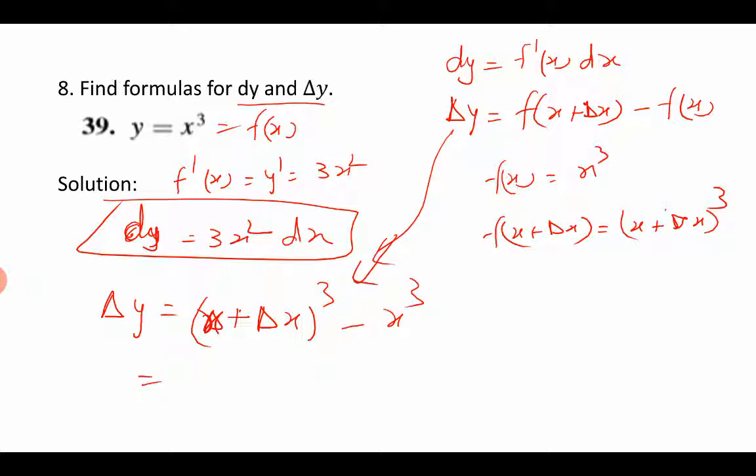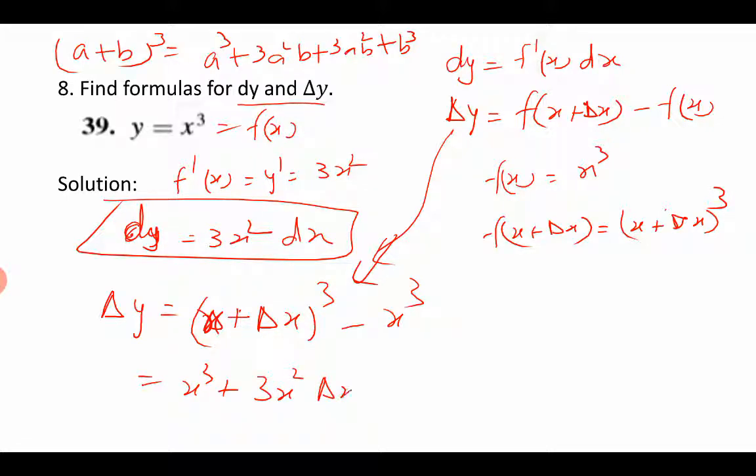Use the a plus b whole cube formula. What is it? A plus b whole cube is a cubed plus 3a square b plus 3ab square plus b cube. Simplify this one. X cube plus 3x square del x plus 3x del x square plus del x whole cube minus x cube.